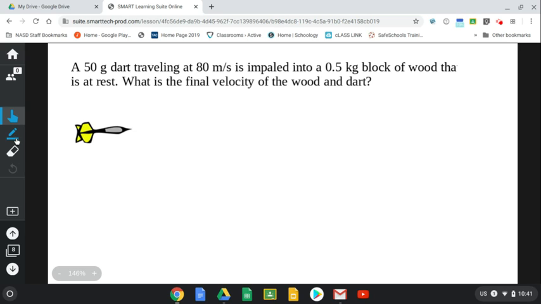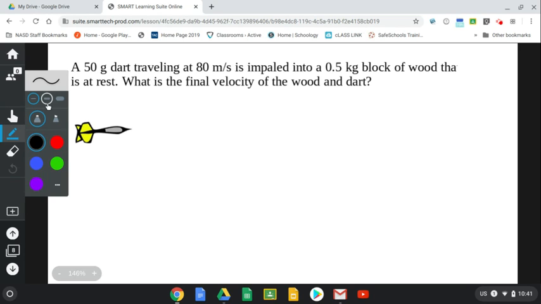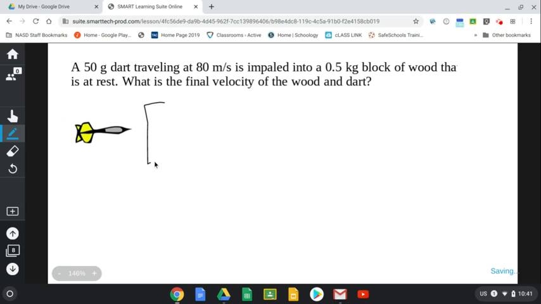All right, so let's start with my drawing here. So I've got a dart and a wood block. So the dart, we'll call that v1i, is at 80 meters per second. And v2i is 0.